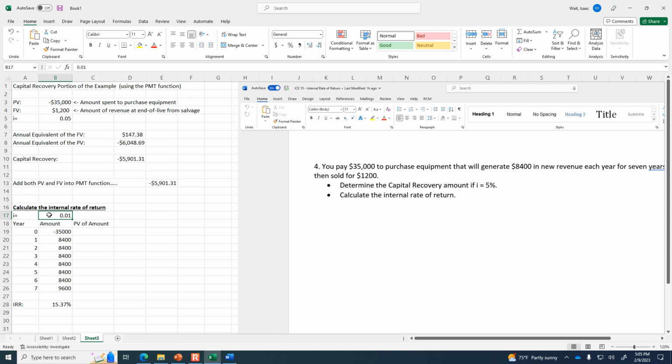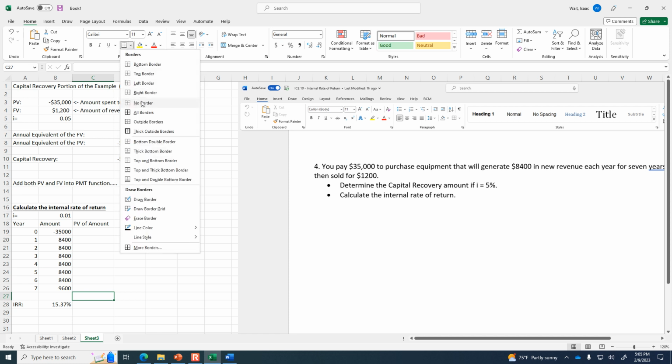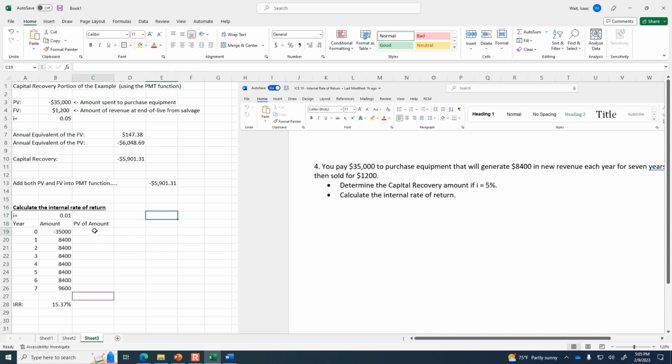I put in a guess interest rate to begin, and then I'm going to have to change it until I get the sum that I'm looking for. I clicked in the wrong place.